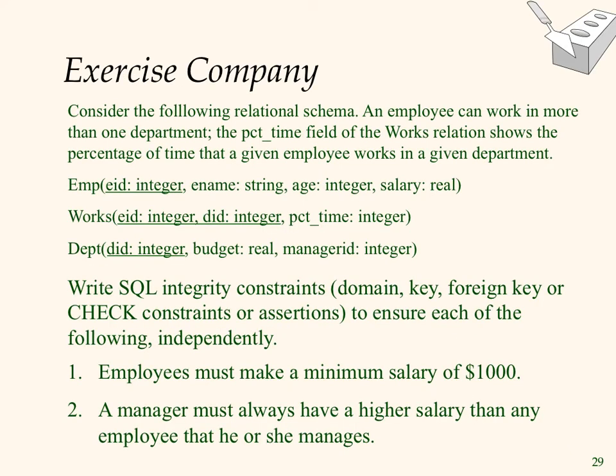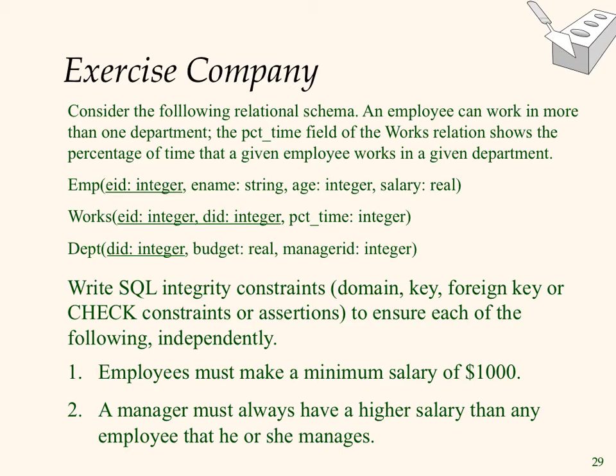Okay, so now let's get some practice, both with assertions and with SQL queries one more time. And let's look at how we can write some of the constraints using check or assertions. So the first one says employees must make a minimum salary of $1,000.